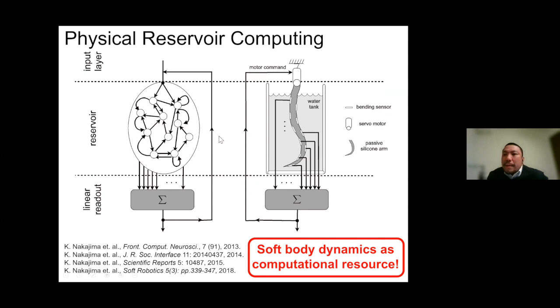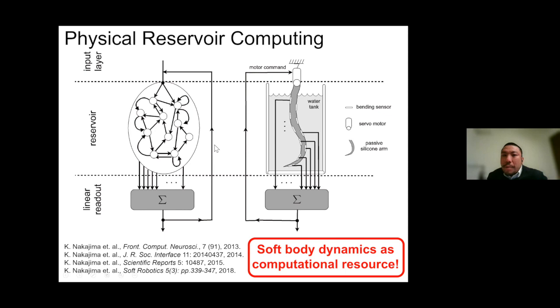And just like the conventional reservoir computing, we inject the input as a motor command, and you generate diverse soft body dynamics, and you monitor this body dynamics by using the embedded sensors, for example. Just like the conventional reservoir, you adjust this readout part, the sensory readings, and then use this body dynamics for your computational purpose. This is physical reservoir computing.